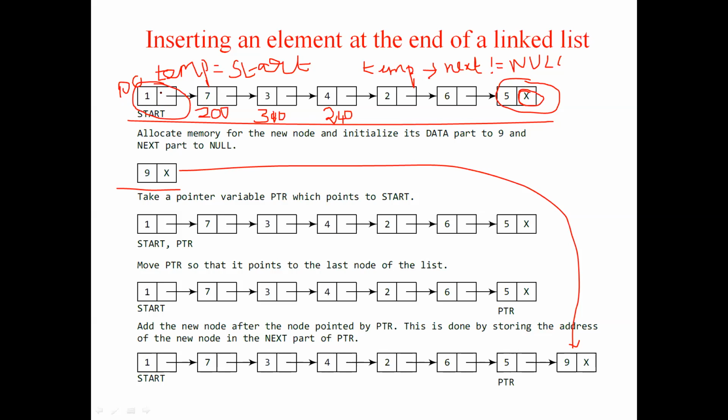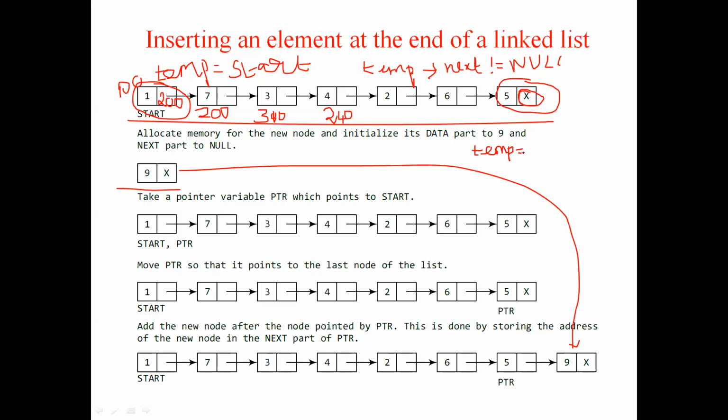This 200 is stored in the next field of the current temp variable, that is, temp's next. So if it is not equal to null, I have to update the temp variable to.